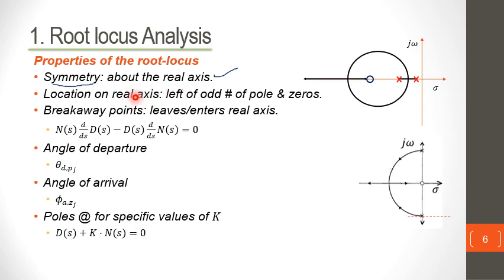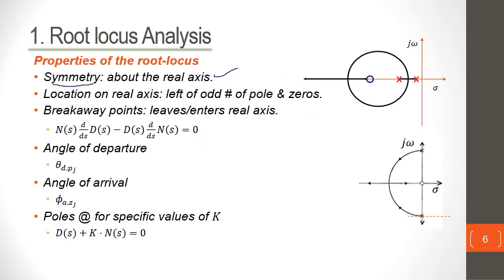And then the location of the root locus on the real axis. The rule is that the root locus will always be towards the left, which means if this is your axis, it will always be towards this side, towards the left of an odd number of poles and zeros.